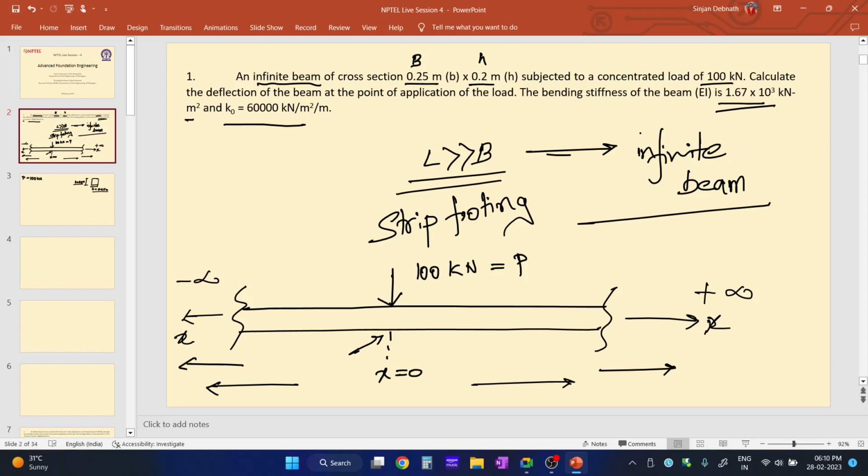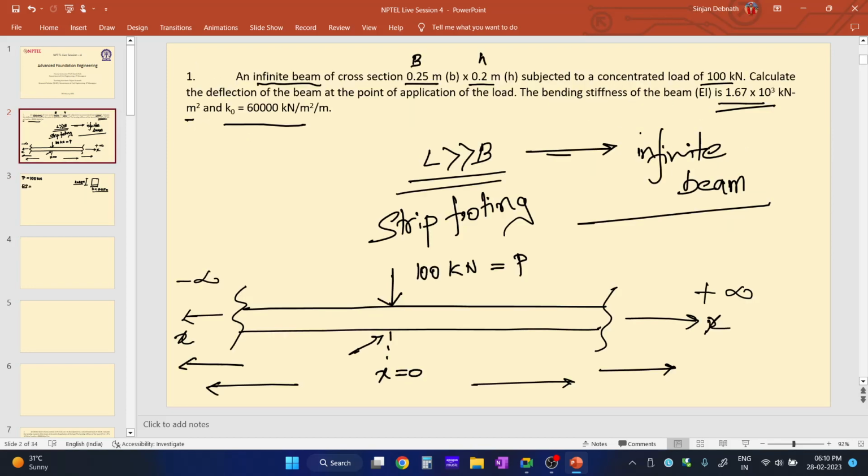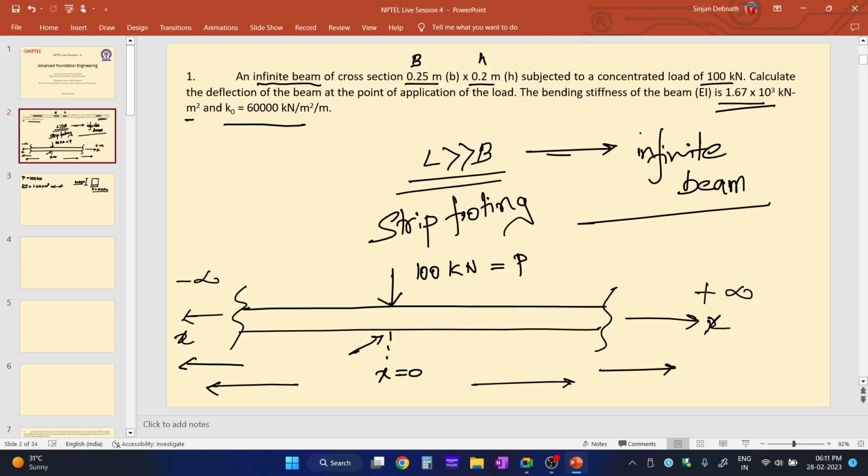And what are the other things? The bending stiffness of the beam, that is EI. What is EI? EI of the beam is 1.67 into 10 to the power 3 kilonewton meter square. And what is K0?